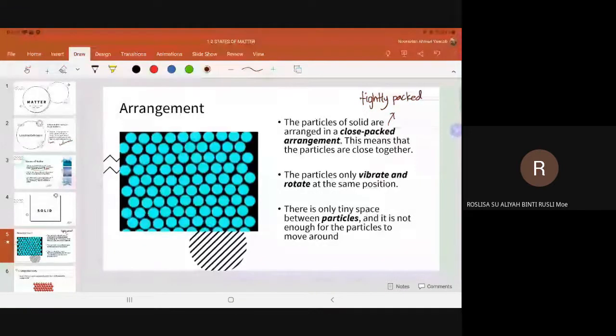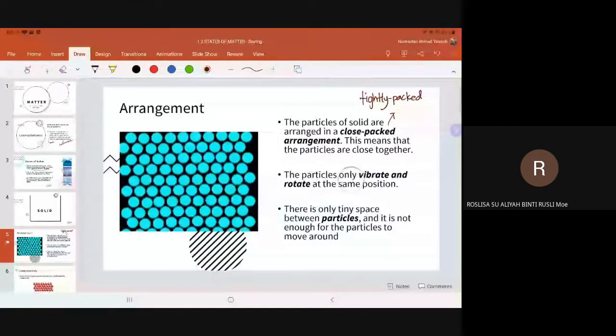Both carry the same meaning. This means that the particles are close together. Looking at this image, the particles are all close together.